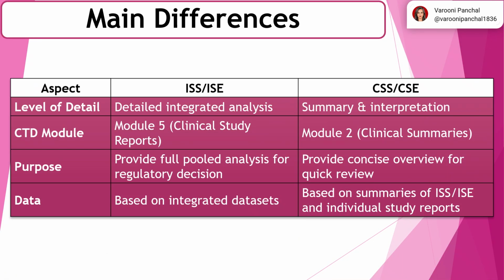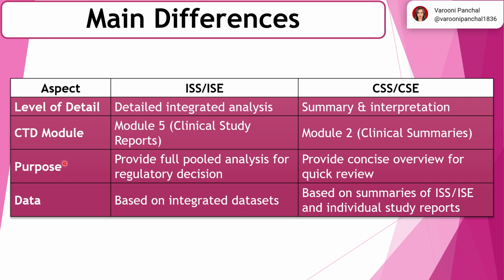The main difference between ISS and ISE and CSS and CSE is the level of detail. The ISS and ISE are the detailed integrated analysis, where it involves the combination of multiple studies, whereas CSS and CSE is nothing but the summary and interpretation, just like a narrative summary.